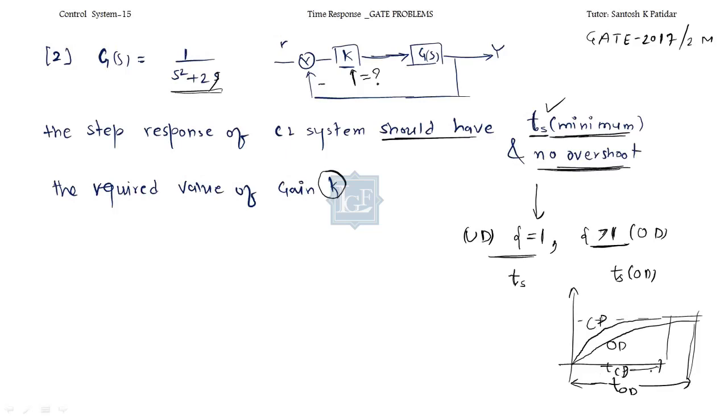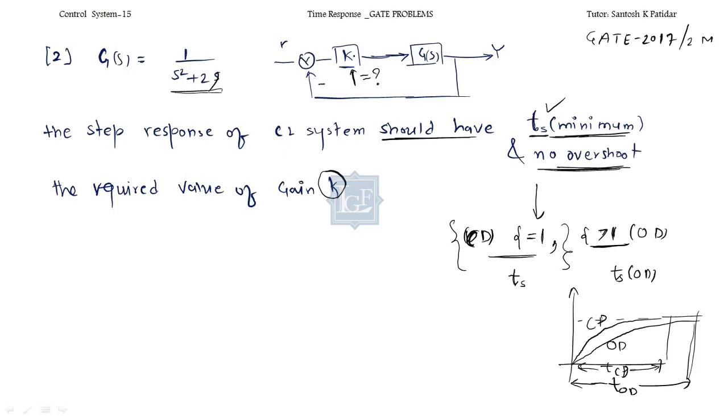Critically damped. I hope it's clear to you. So according to your conditions, you have to keep a critically damped system. This is not underdamped, this is a critically damped system under consideration. And for the critically damped system, your zeta should be 1.